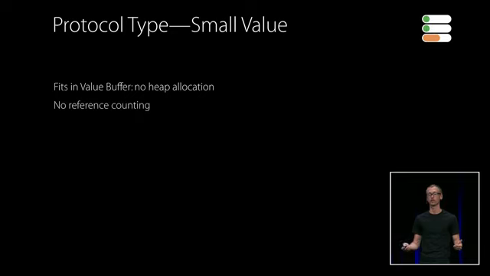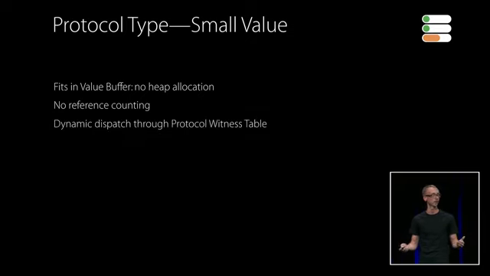If our struct does not contain any references, there's also no reference counting. So this is really fast code. However, because of the indirection through value witness and protocol witness table, we get the full power of dynamic dispatch, which allows for dynamically polymorphic behavior.